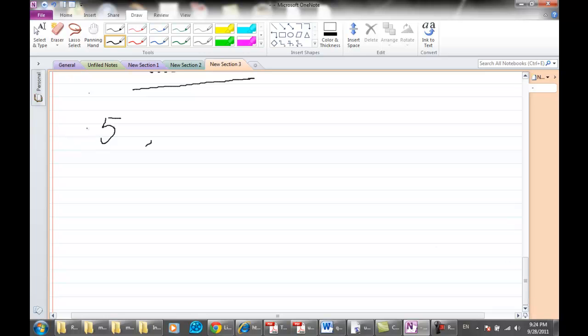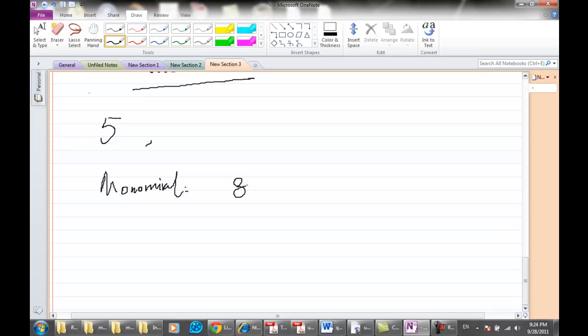There is also a rule that is used to define different types of polynomials. If we have one term in the polynomial, that is called a monomial.